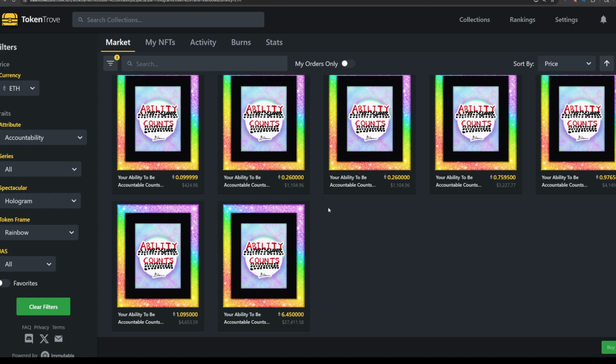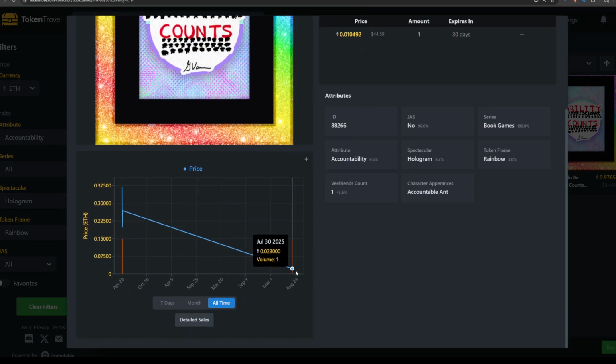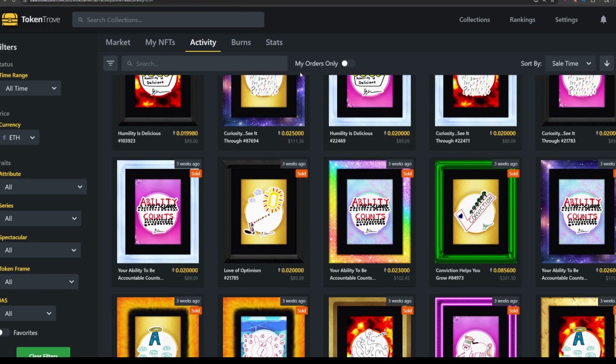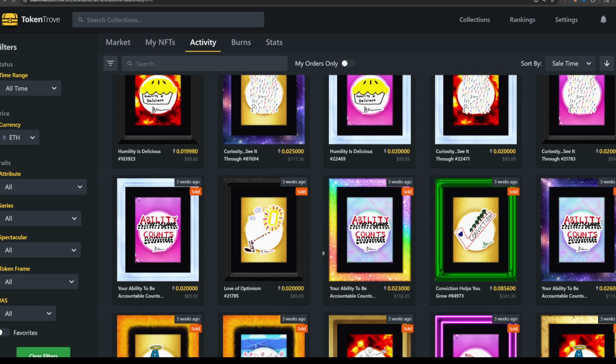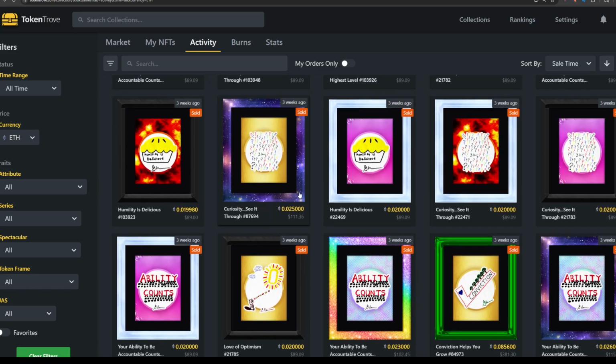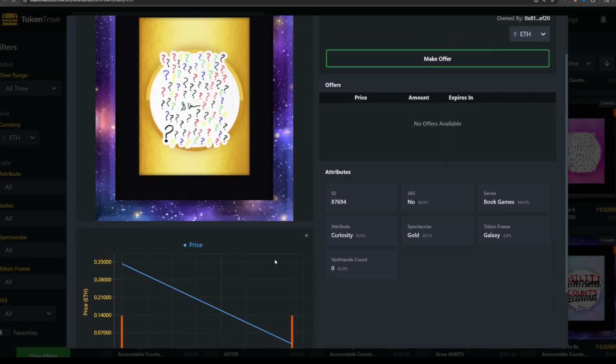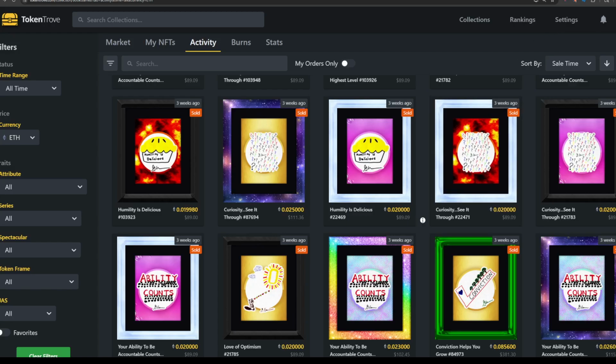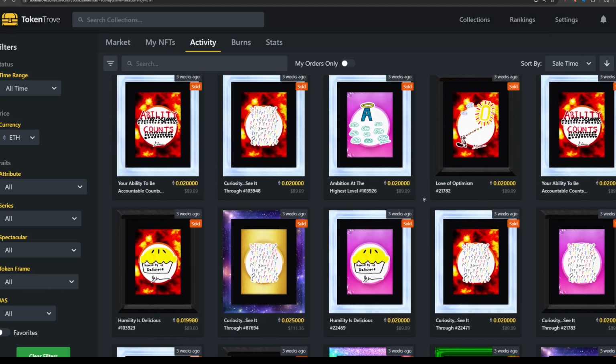Accountability Rainbow. Interesting. July 30th. Okay, so again, we're still combing through this order book to see if anything of value stands out. I don't know if we checked out Curiosity Gold Galaxy yet, but we're taking a look.